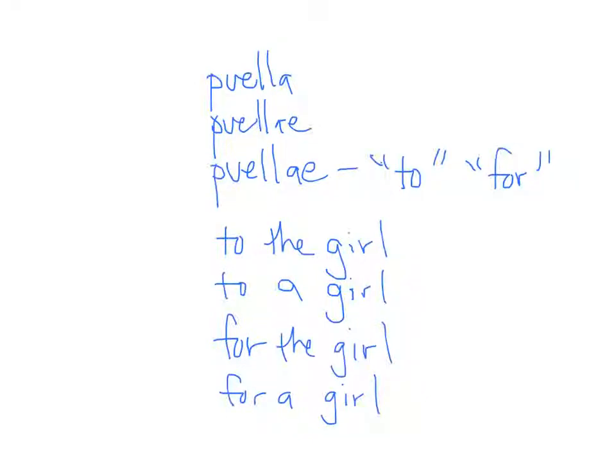And then you just have to decide what sounds best in the sentence. So, for example, if you say, I give a gift, you might want to choose to the girl. Although it doesn't sound illogical to say, I give a gift for the girl. It just doesn't sound quite as smooth or like natural English.